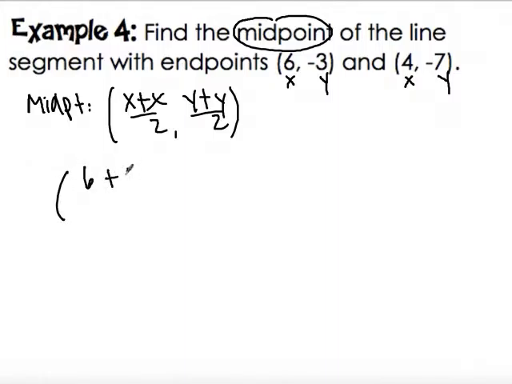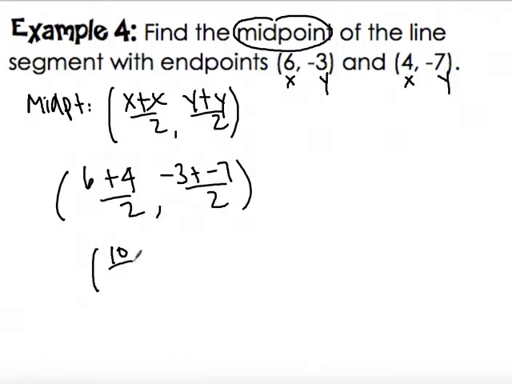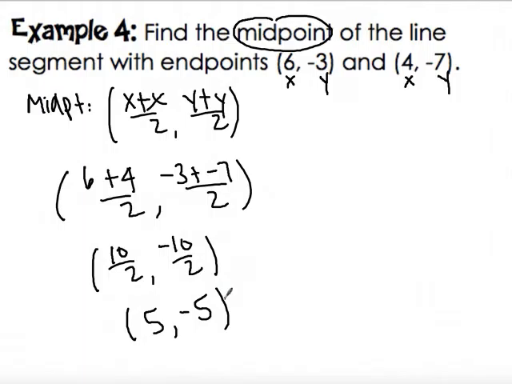So I'd have 6 plus 4 divided by 2, and then negative 3 plus negative 7 divided by 2. 6 plus 4 gives me 10 divided by 2. Negative 3 plus negative 7 gives me negative 10 divided by 2. I can reduce both of those by saying 10 divided by 2 gives me 5, and negative 10 divided by 2 gives me negative 5. So my midpoint for the line segment with endpoints (6, negative 3) and (4, negative 7) would be (5, negative 5).